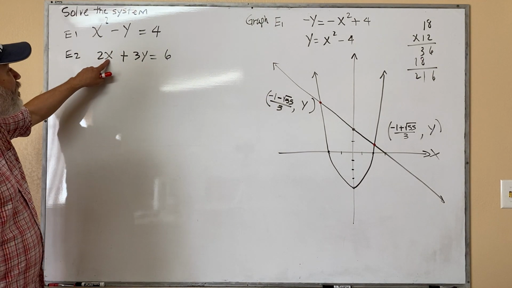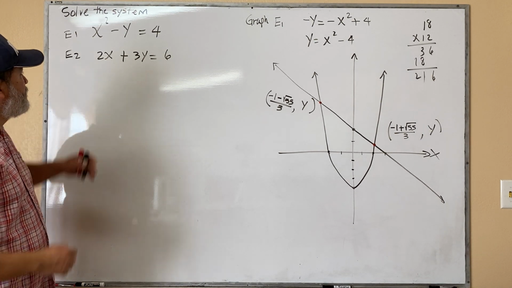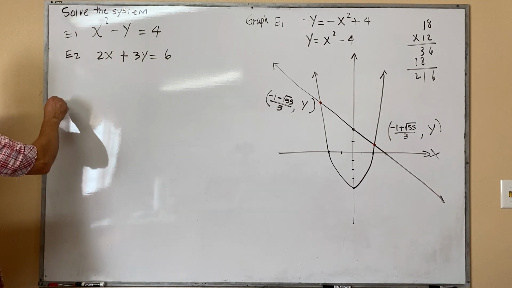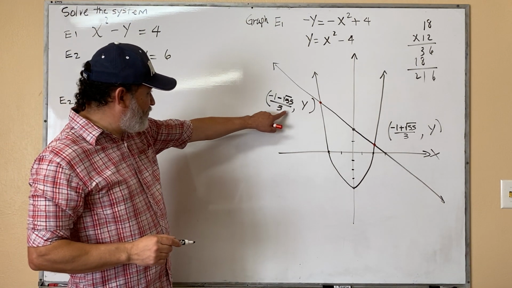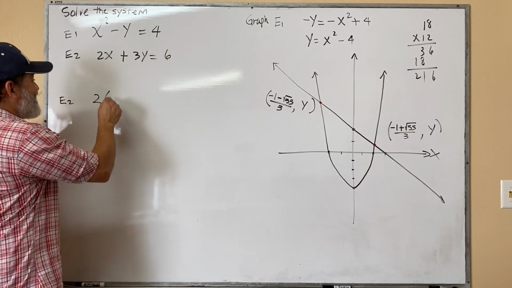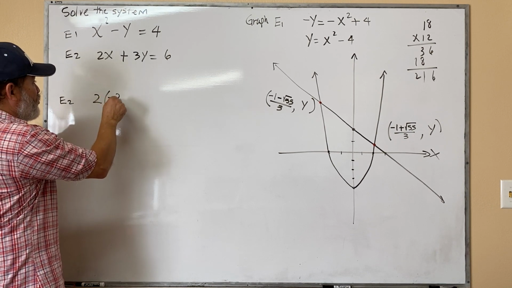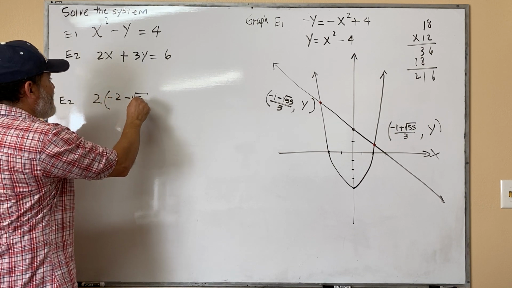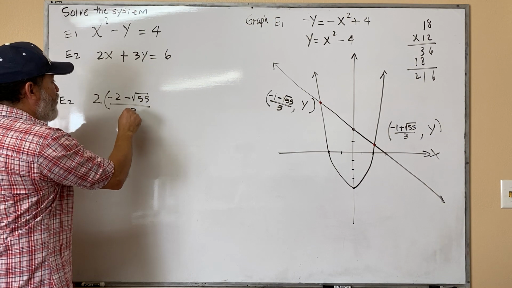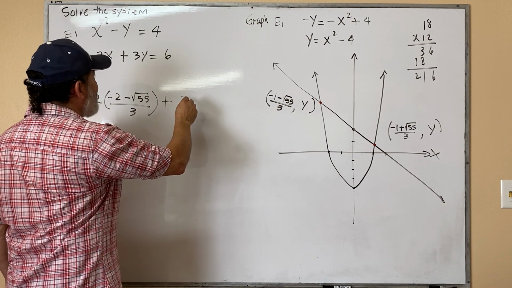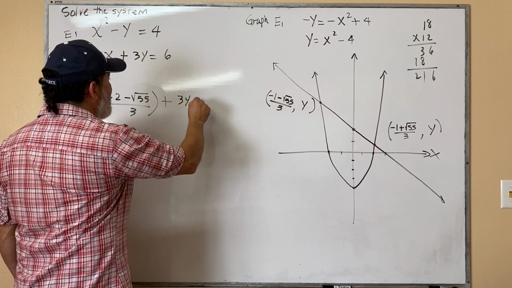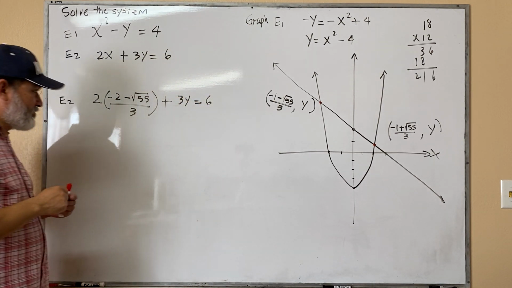So equation 2, 2 times this x value, negative 2 minus the square root of 55 all over 3 plus 3y equals 6.